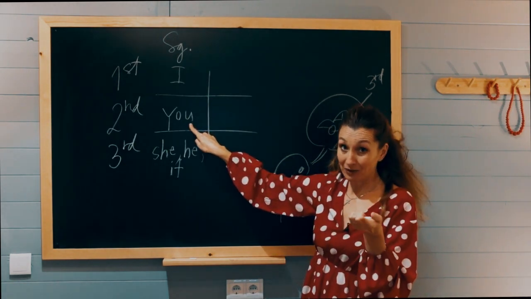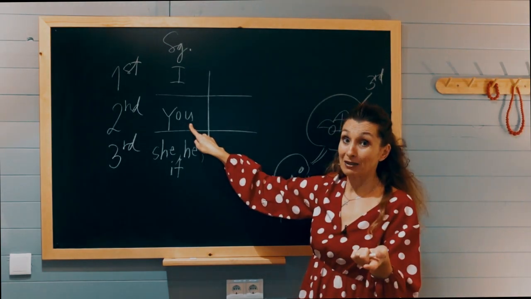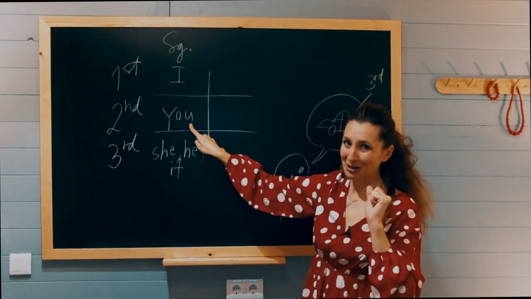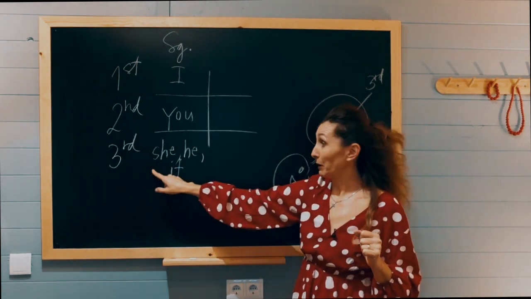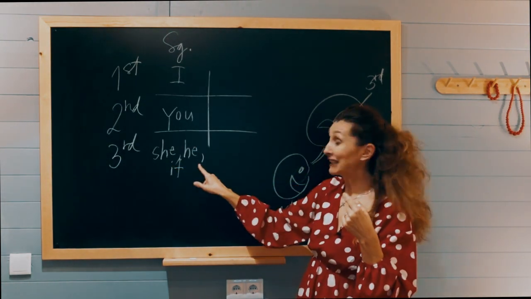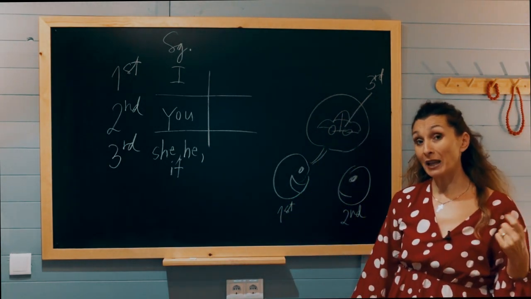You are second person. When you listen to me, you are second person, also singular, also one and unique. And the same goes for the third person. She is only one, he is only one, and it is only one, okay?